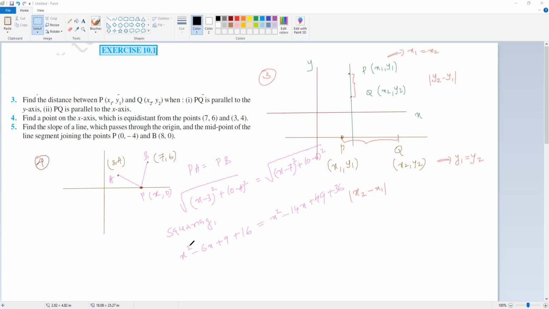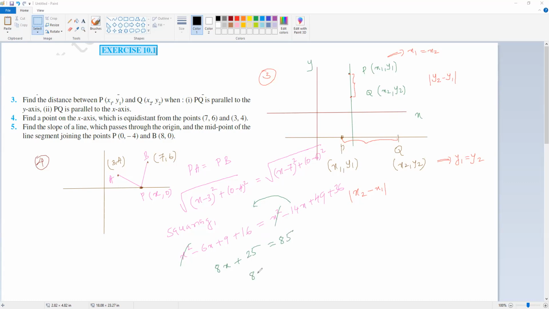You can see x square cancels from both sides. Minus 14x will come to the right side, so it becomes 8x. Minus 6x plus 14x, plus 16 plus 9, that is 25, is equal to 49 plus 36, that is 85, right? 85.